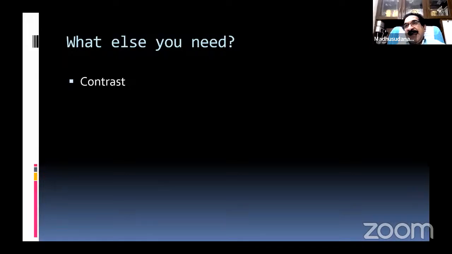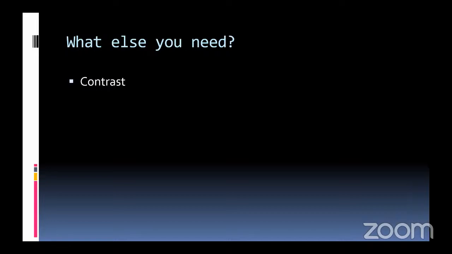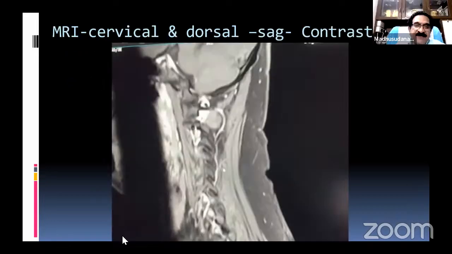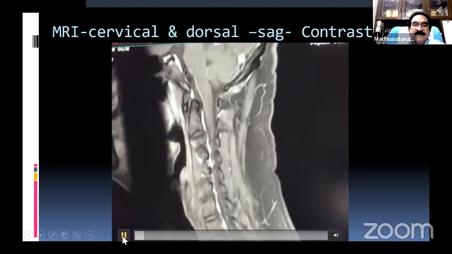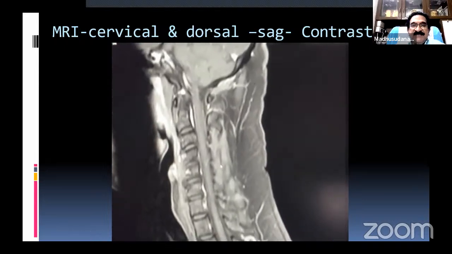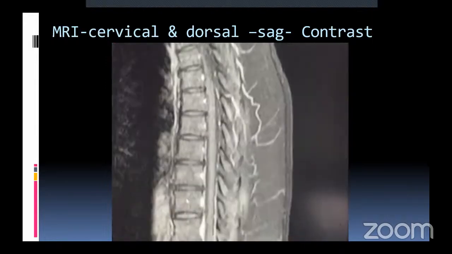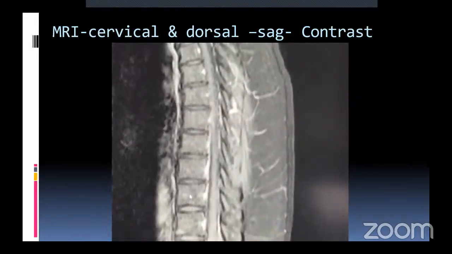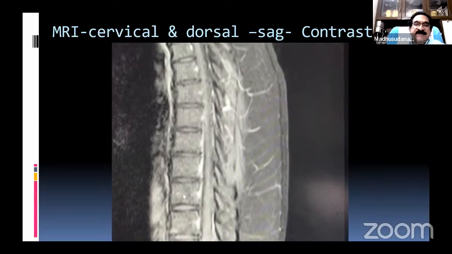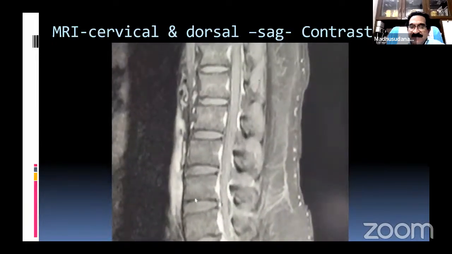Contrast? Yes, sir. Okay, so cervical and dorsal spine contrast is done. First the cervical dorsal region, the upper also.